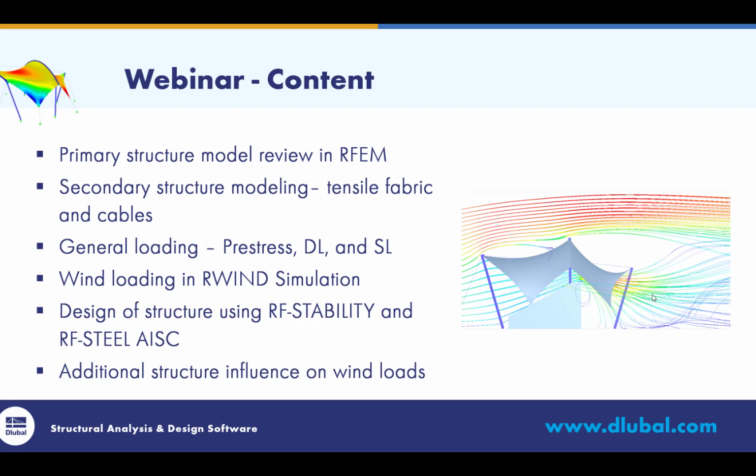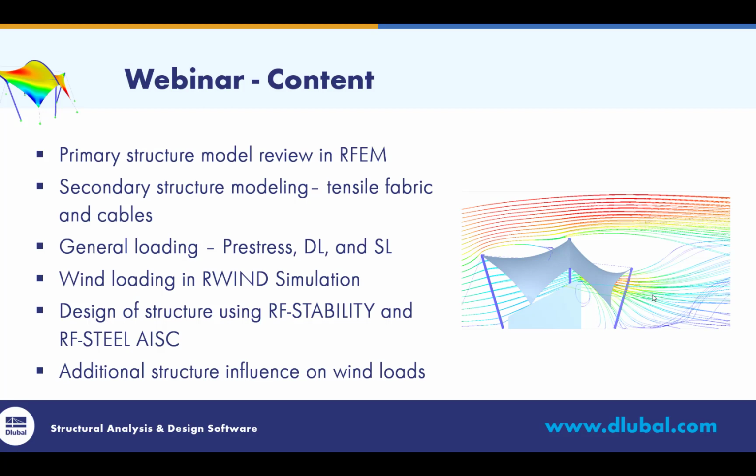Then we'll move on to wind loading, and for this we want to utilize one of our newer programs, RWIND Simulation. This is a CFD wind analysis program, which stands for Computational Fluid Dynamics. What this will allow us to do is to essentially take our structure into a numerical wind tunnel. We can determine what the wind pressures are.